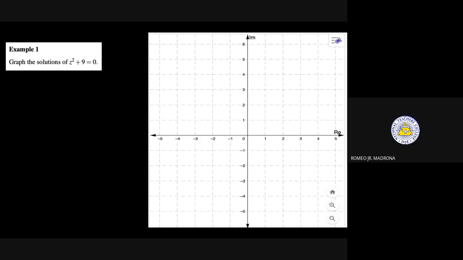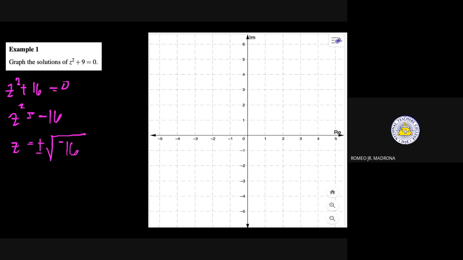Okay. Sige, go. So, let's say, palitan na natin to kasi na-discuss na natin to. Okay. z squared plus 16 equals 0. Okay. So, how do we solve for this? We solve this in terms of negative 16, just like algebraic way of solving the problem. So, z is equal to plus or minus the square root of negative 16.